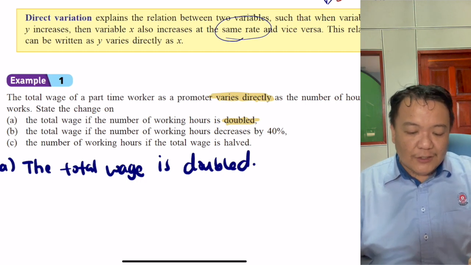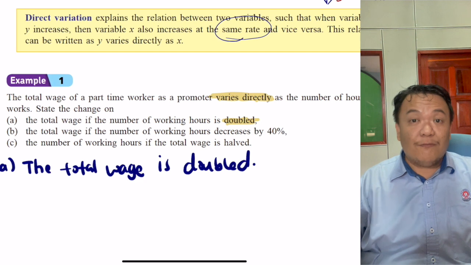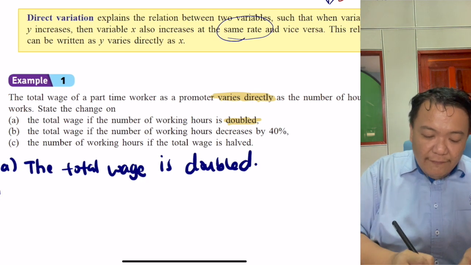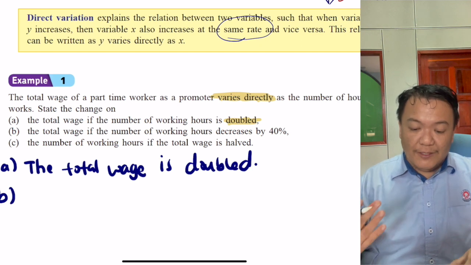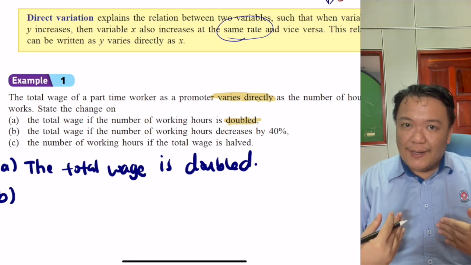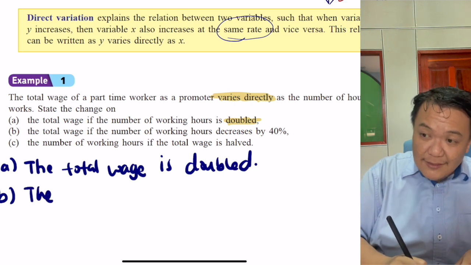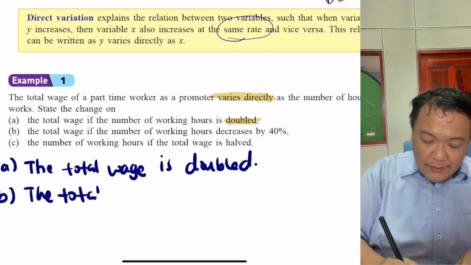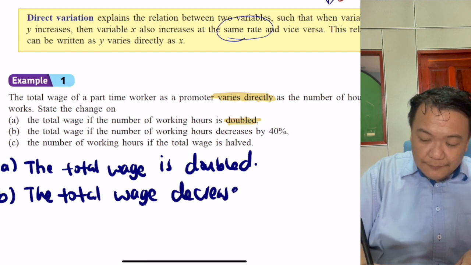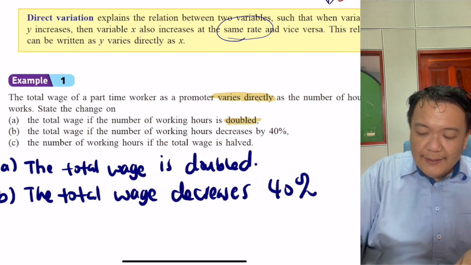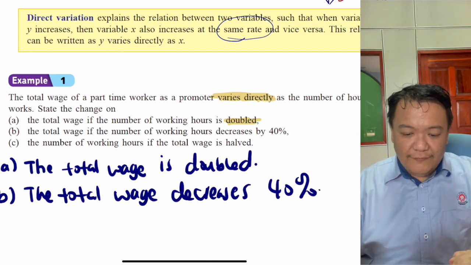B, the total wage if the working hours decreases by 40%. If the working hours decrease by 40%, we know that the wage also will be decreased by 40%. So macam mana nak tulis? You can write it as the total wage decreases 40%. Macam tu saja. Sebab dia direct varies kan?